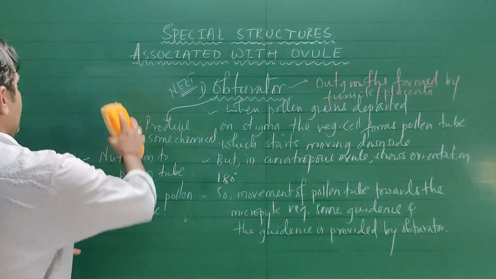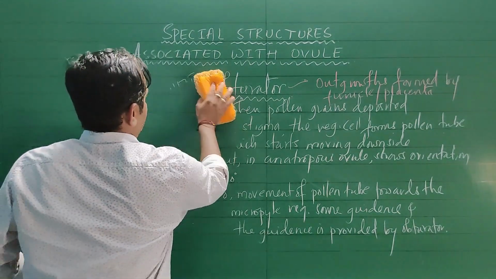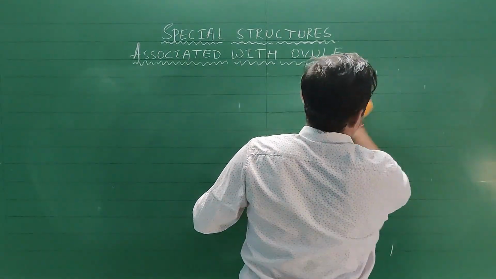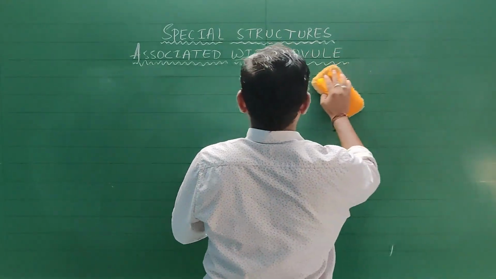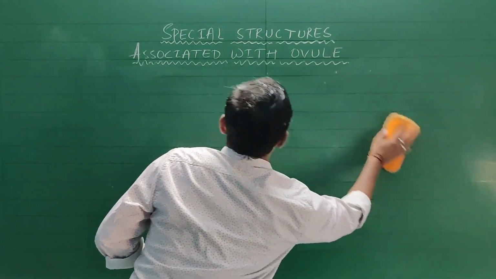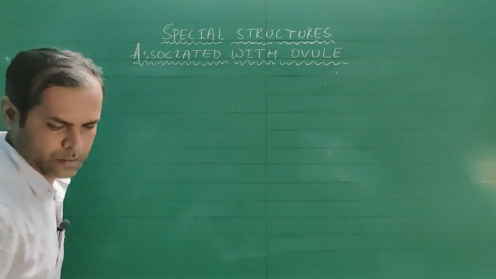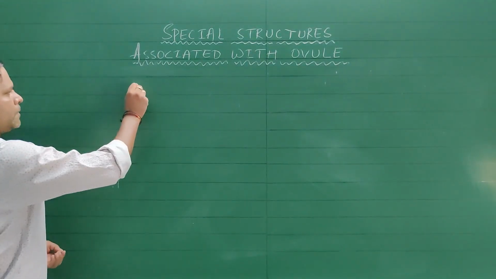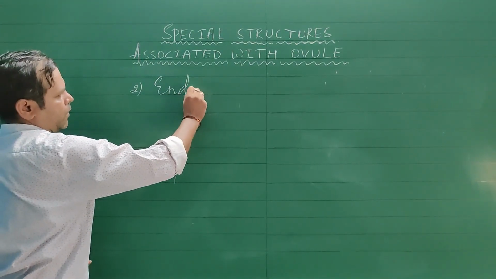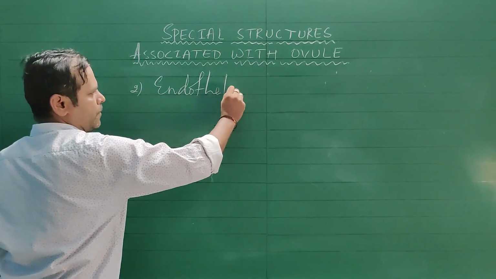Now, दूसरा स्ट्रक्चर है, the second structure associated with ovule is endothelium.